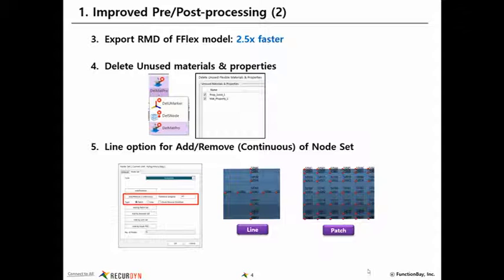What's specifically new is this line feature that will add nodes in a line if you're defining a node set. And having the option to select either patch or line when you're doing this add remove continuous is actually in a few functions. The node set, I know it's in the beam elements, so that is something that will be included in a few different features.